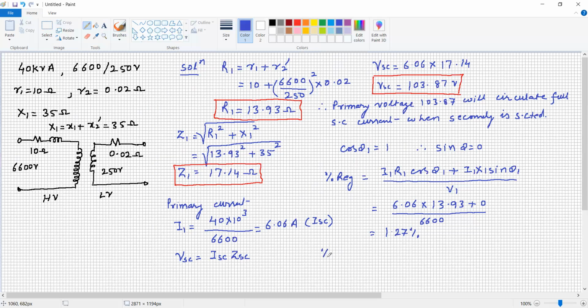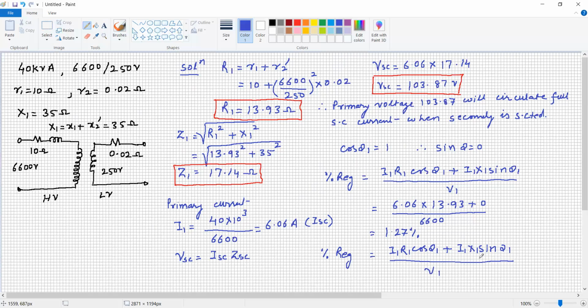Similarly, at 0.8 power factor, it is I1 R1 cos theta 1 plus I1 X1 sin theta 1 divided by V1.